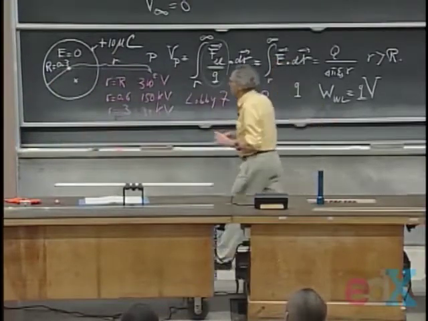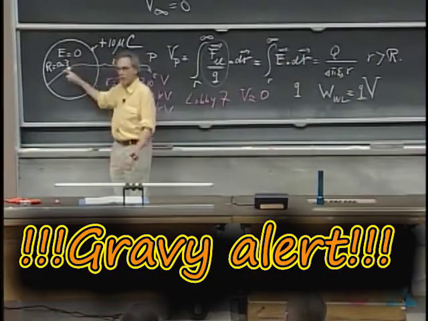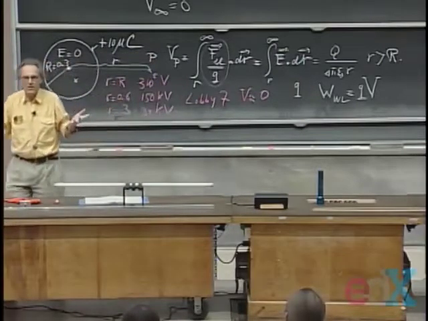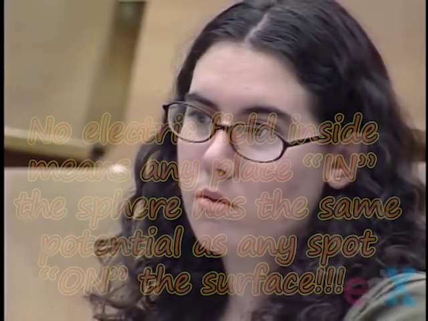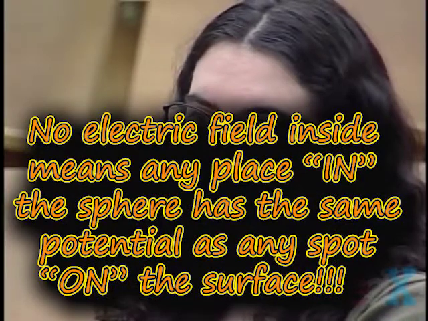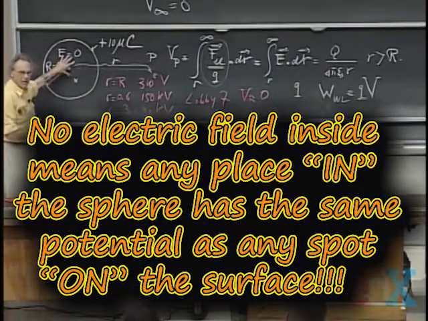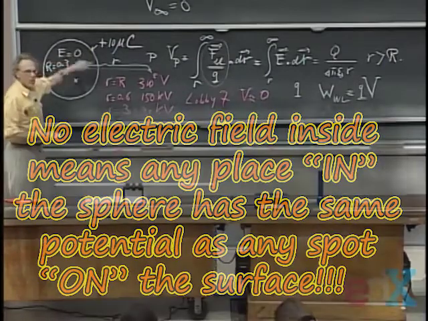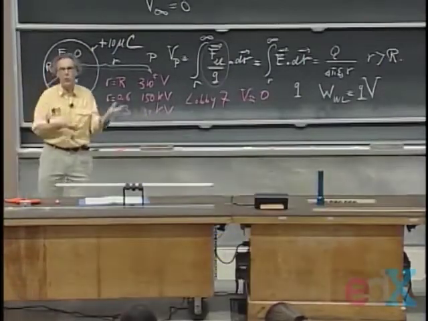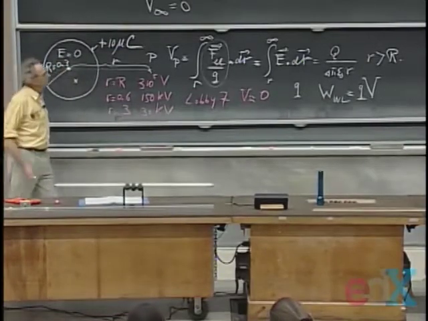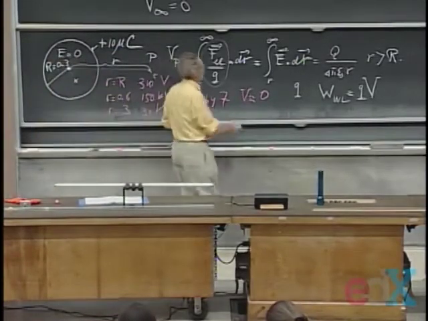So as I move around inside, I experience no force. That means I do no work. So that means that the potential must remain constant. So the absence of an electric field here implies that the electric potential everywhere is exactly the same. Inside is the same as on the sphere, because no further work is needed in marching around with a test charge.